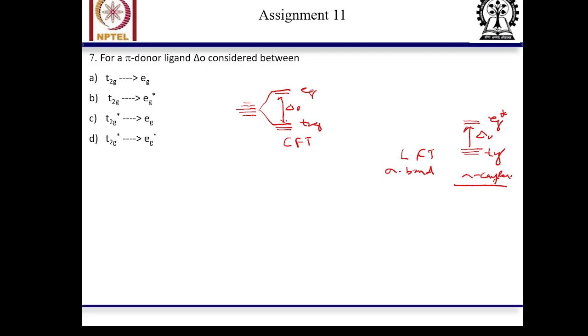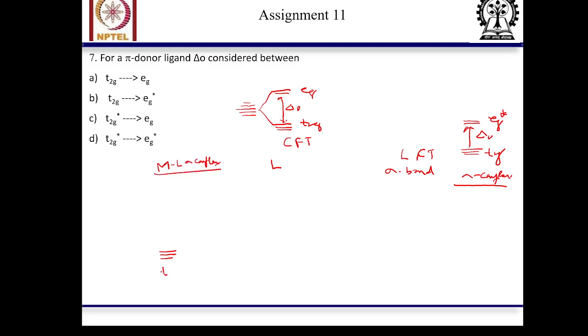But now once we have a pi donor ligand, what changes happen? So let me draw the molecular orbital diagram and then explain. First, this is your metal and this is your ligand. Now the metal has T2g. So this is the metal-ligand sigma complex I'm writing.